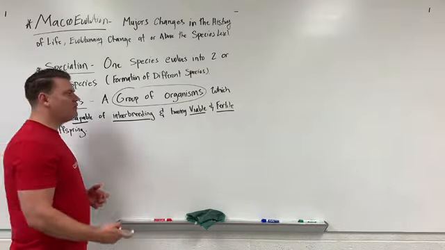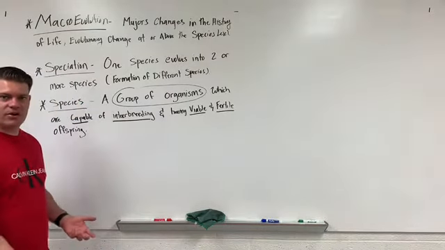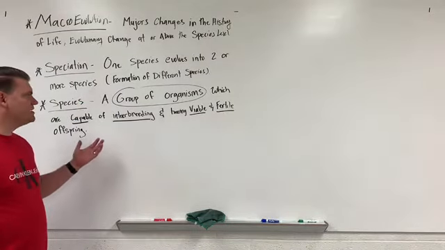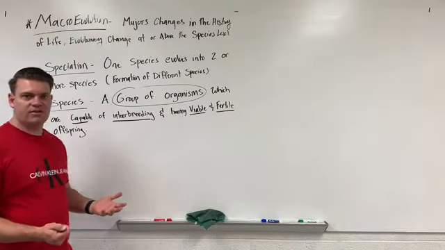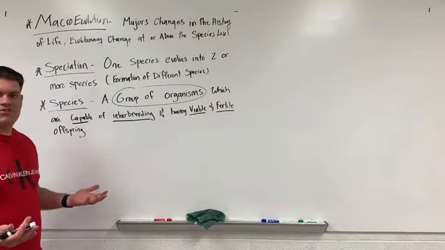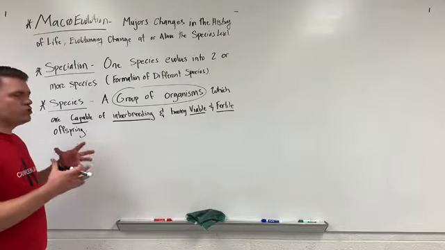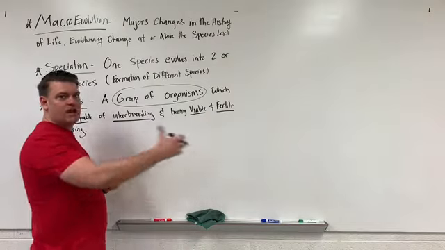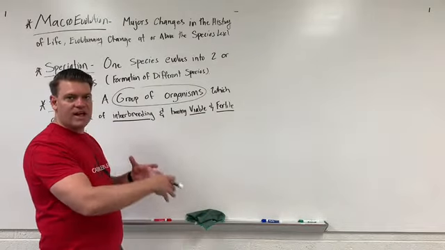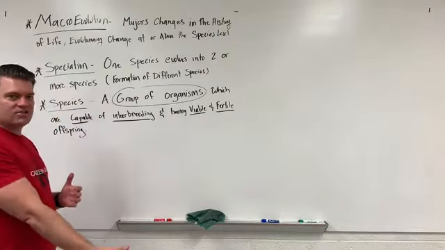That's viable. Fertile is they have to be able to have kids of their own. So if you create offspring that are infertile, they're not able to have kids of their own, well, that doesn't mean those organisms together aren't a species, because what ends up happening is you can never propagate that species. It's going to die out after that next generation.